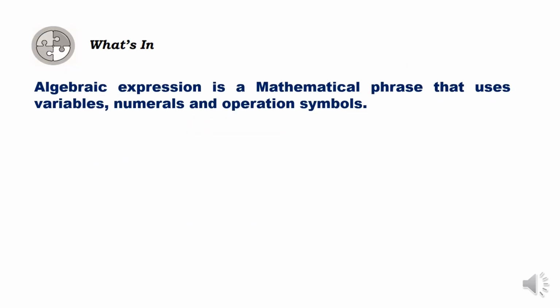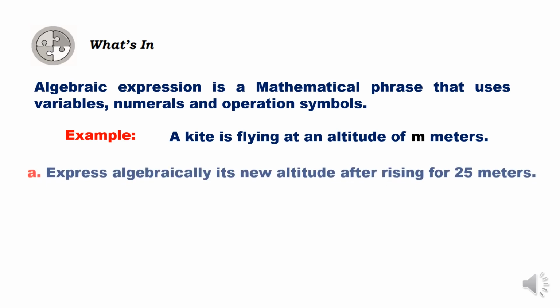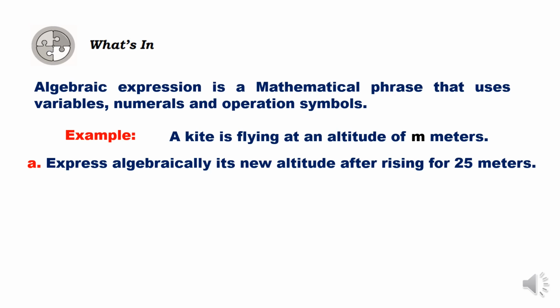An algebraic expression is a mathematical phrase that uses variables, numerals, and operation symbols. Example: a kite is flying at an altitude of m meters. A. Express algebraically its new altitude after rising 25 meters.